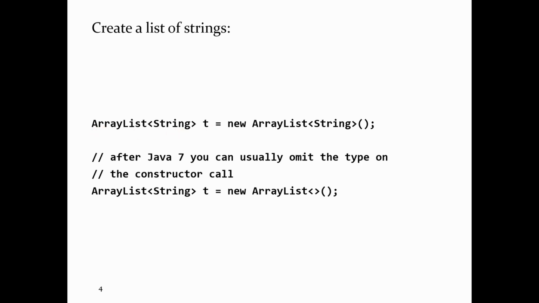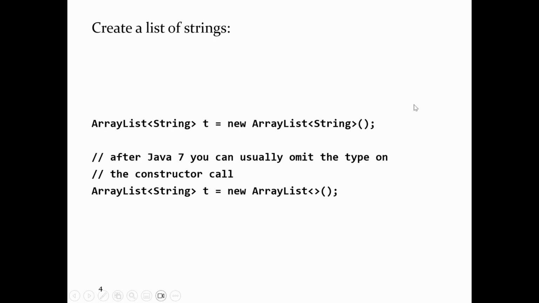Pick a variable name; I normally use t for lists. Now I need to make the list. How do you make a list? Well, a list is an object, so you use new. What's the name of the type? The type is ArrayList<String>. So now I write ArrayList, angled bracket, String, round bracket, round bracket. This calls the ArrayList constructor, making a newly created list of strings.